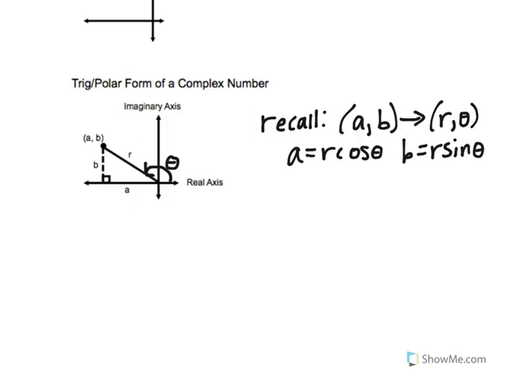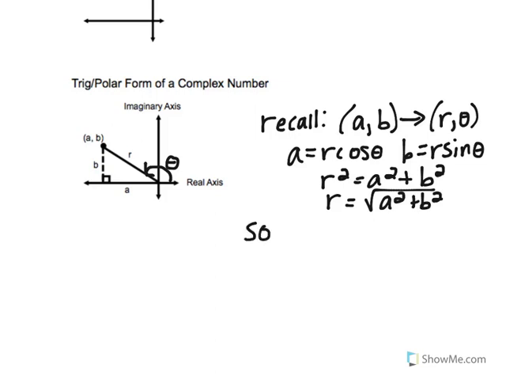We also know that r squared is equal to a squared plus b squared. I'm actually going to take the square root of that. So that's something we will use later.